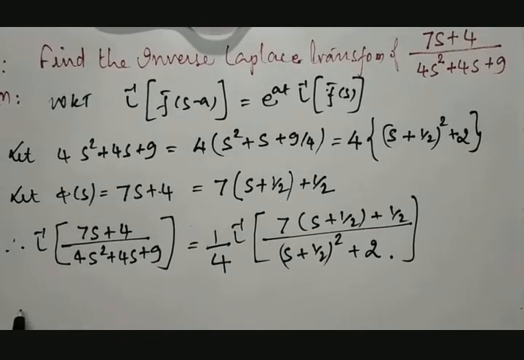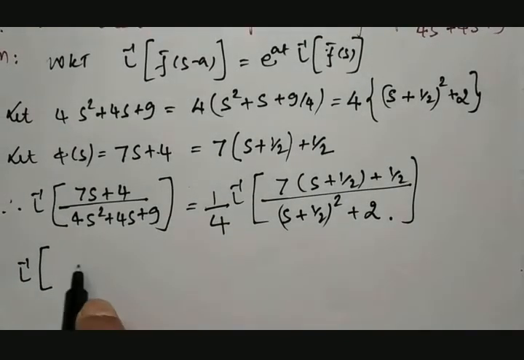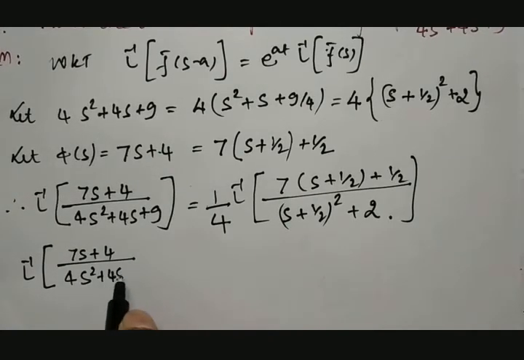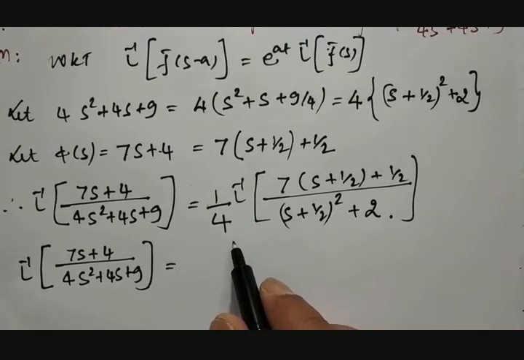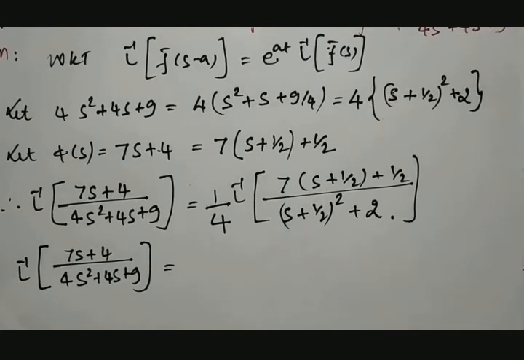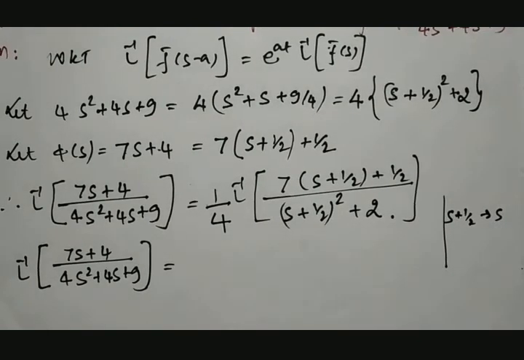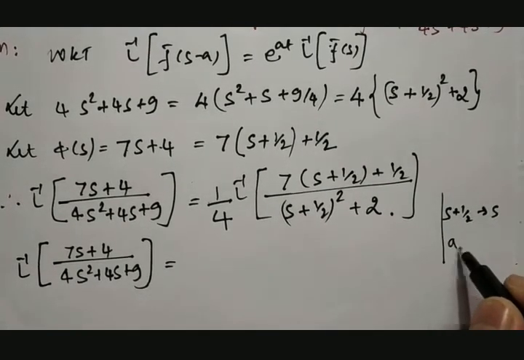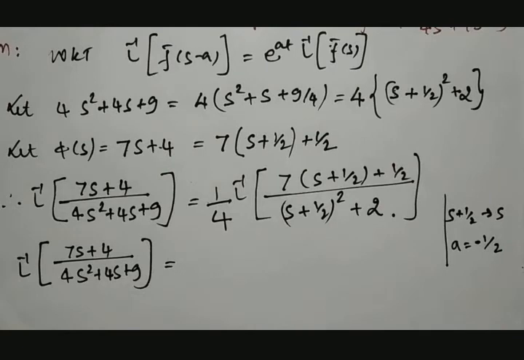Therefore, Laplace inverse of (7s + 4) divided by (4s² + 4s + 9) is equal to this. Everything is okay, but I'll be replacing s + 1/2 by s, where a is equal to minus 1/2.